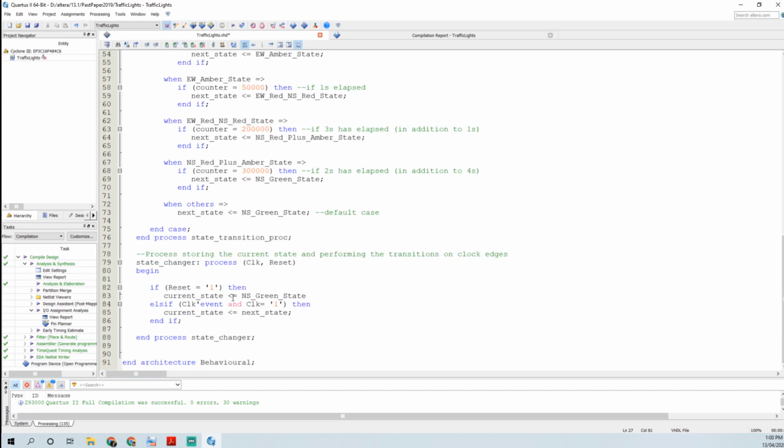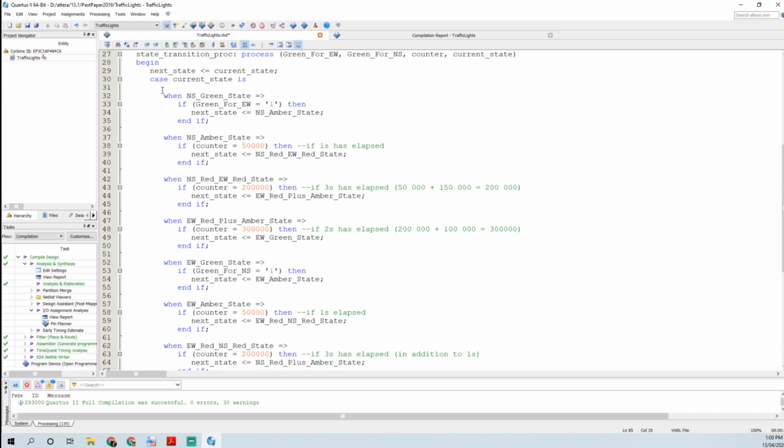On every rising clock edge thereafter, that's in this block here now, we are assigning the value of next state determined in this piece of logic here to our signal current state.